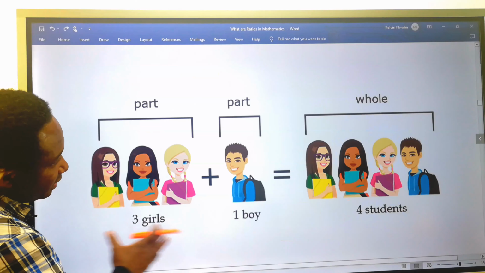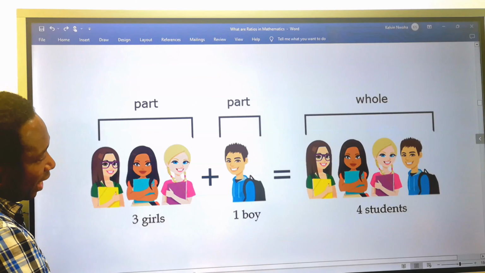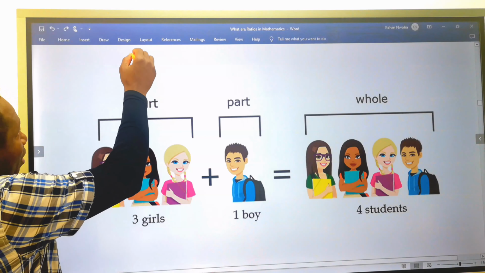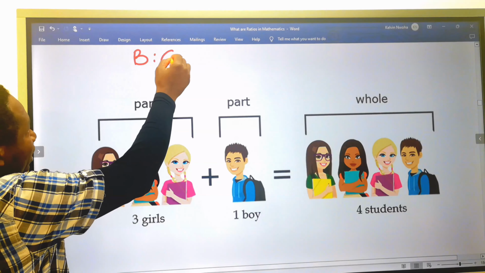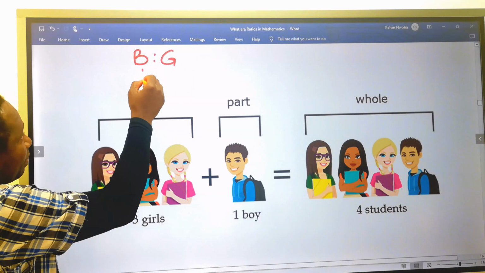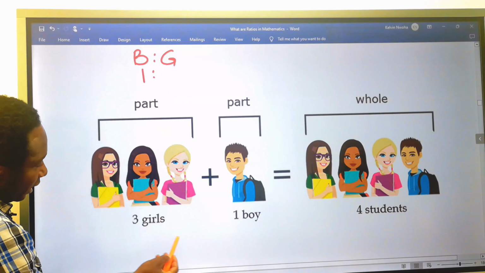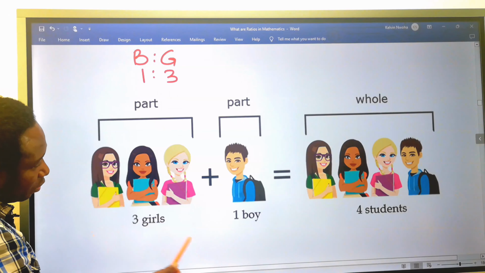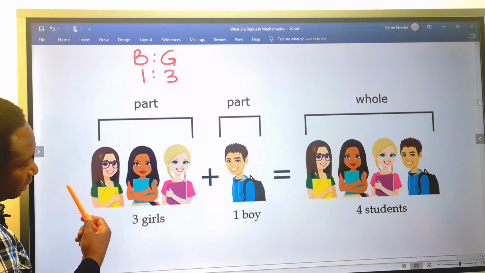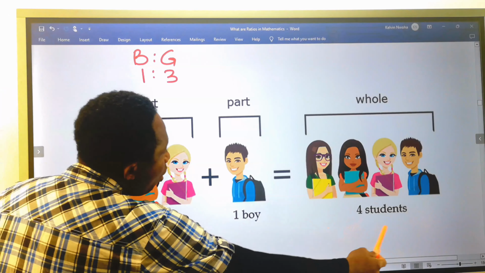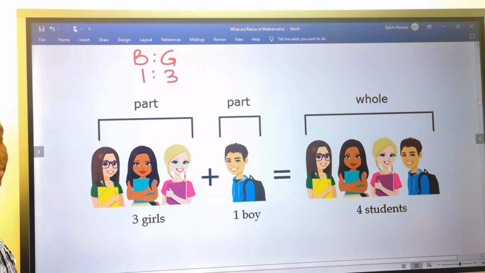Next, in this example, if I'm considering this boy first, I will now say boy to girls. We have only one boy here. It's going to be 1, and here we have 3 girls. This comparison is part to part. We are not considering the whole entire class.